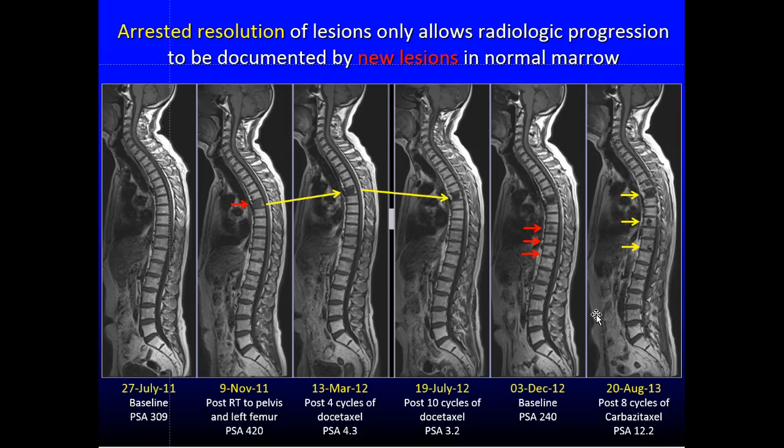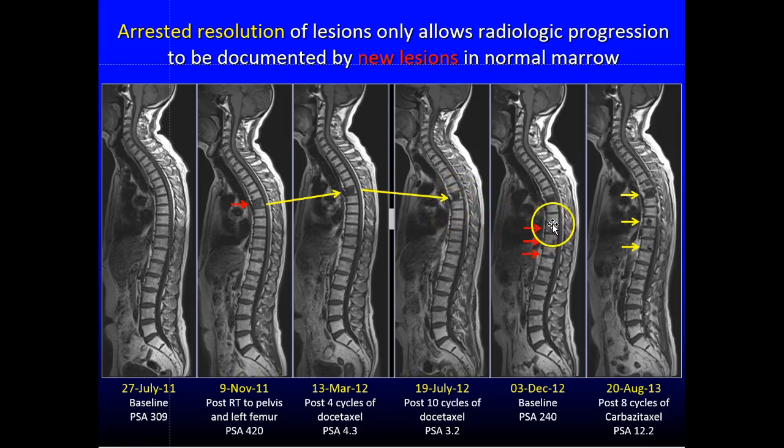Now, here's a patient we have been treating, as you can see, initially with docetaxel and then cabazitaxel. And one would notice that on the morphological sequences we can see a reduction in the size of the lesion, which in fact becomes slightly darker. That represents some regression, but we've got a scar here.